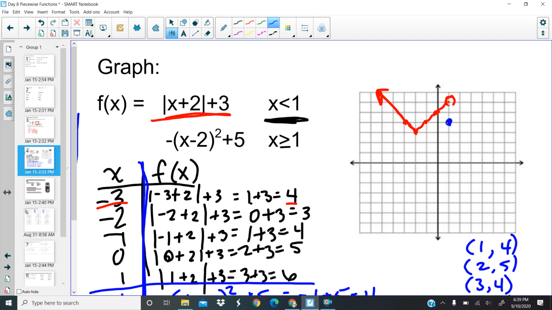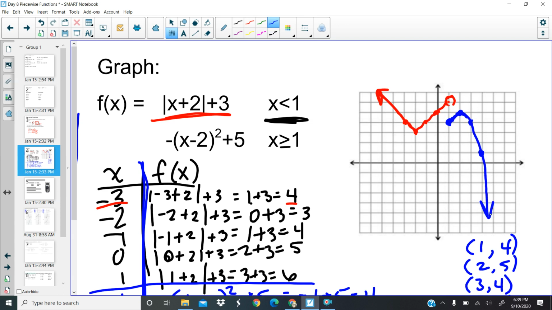I can do a closed circle because we have that equal to line under greater than or equal to 1. And then I had 2, 5, and 3, 4, I believe it was 4, 1. And so then if you keep going with that, that's creating this little upside down parabola piece. So it's going to look something like that.